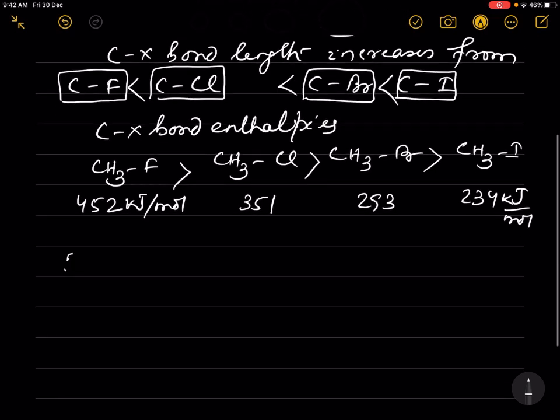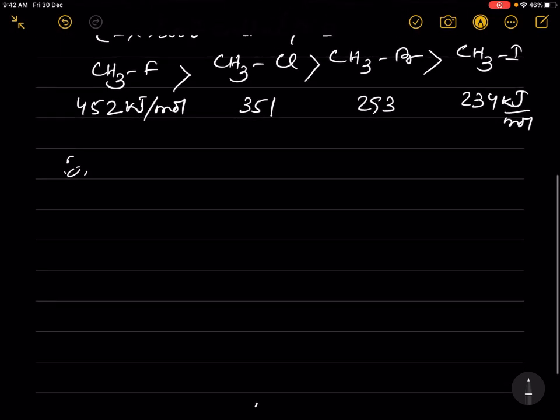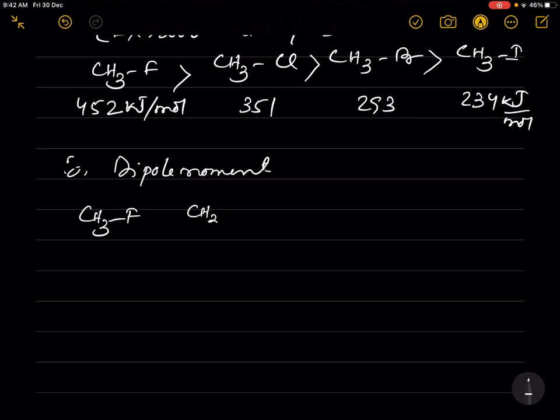Then dipole moment. Let us take the same example: CH3F, CH3Cl, CH3Br, CH3I.